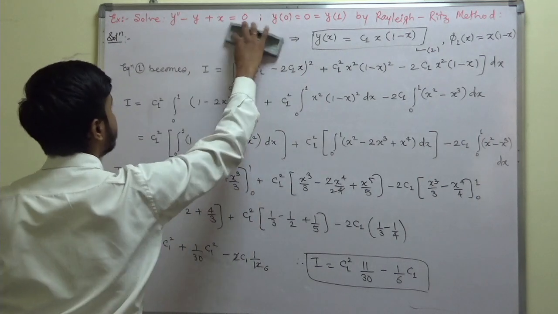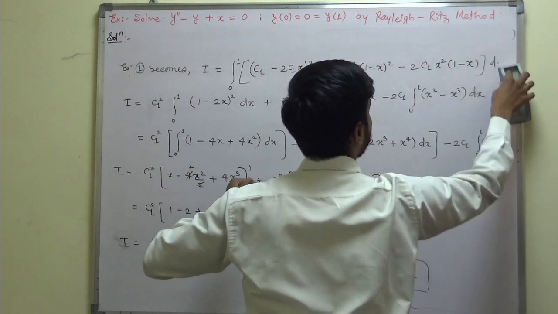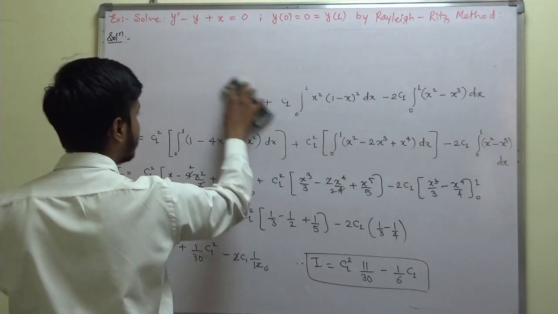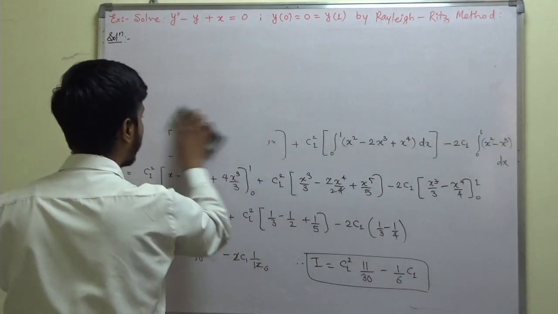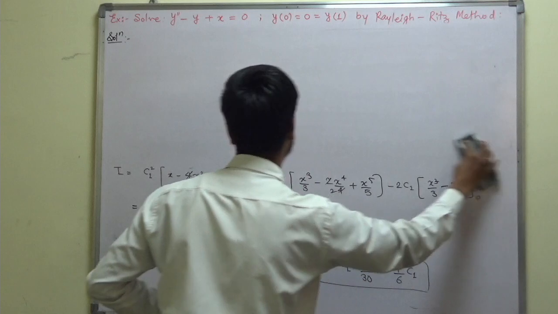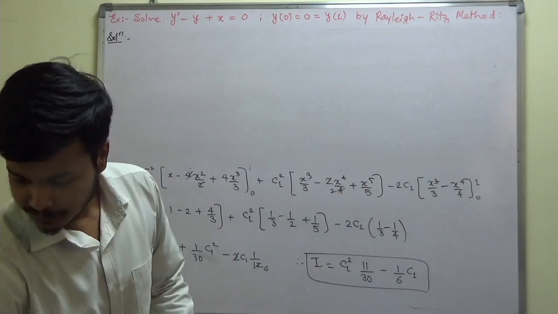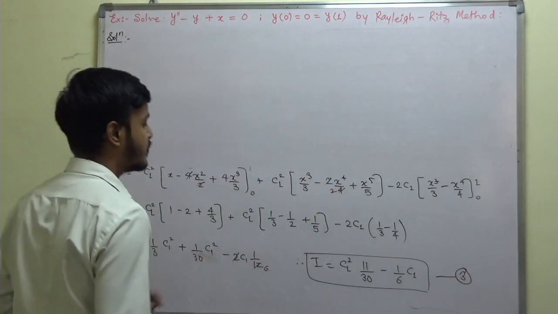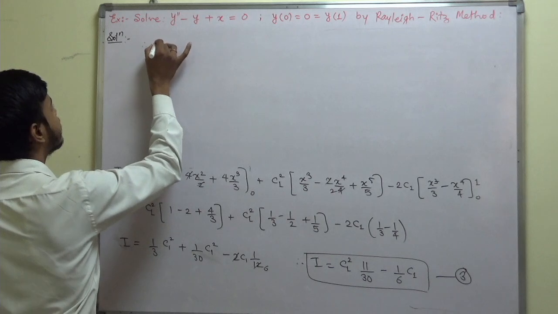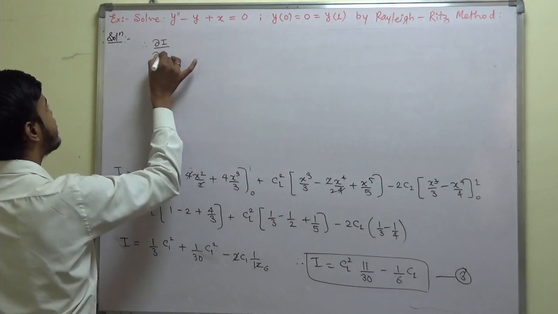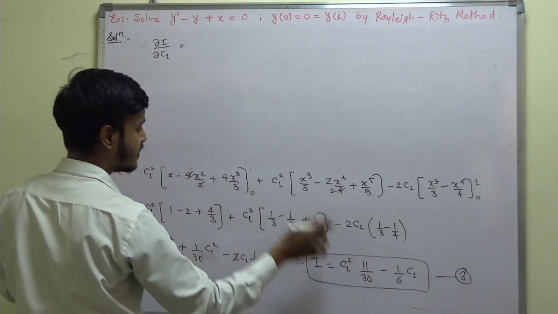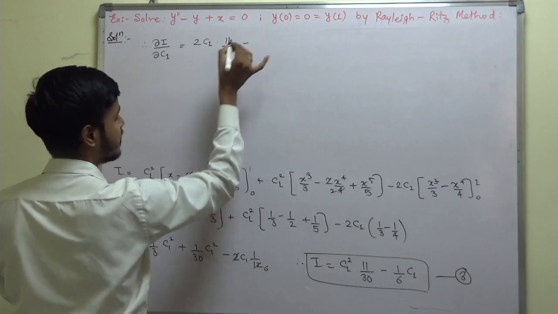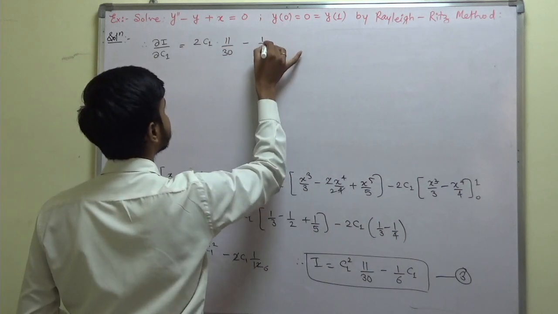Now as you can see, we have to find the value of the constant c1, and that can be found according to the working rule by differentiating this with respect to c1. Therefore, del I by del c1 is equal to 2c1 into 11 by 30 minus 1 by 6.